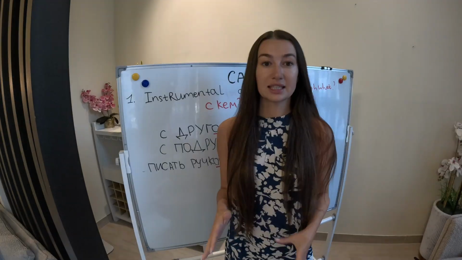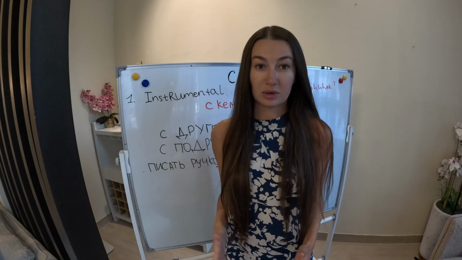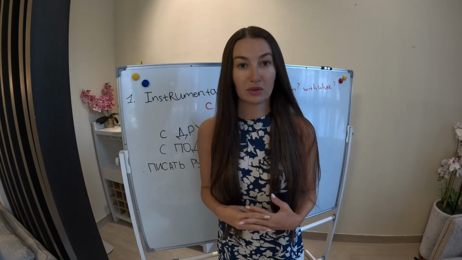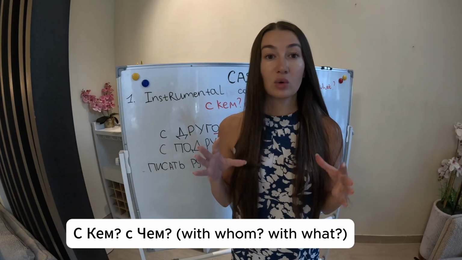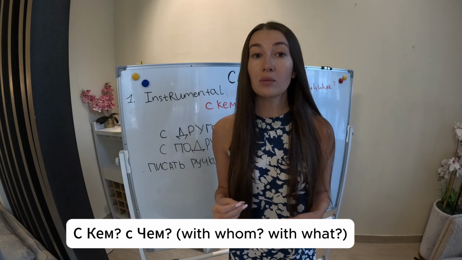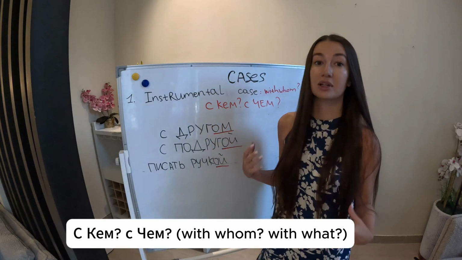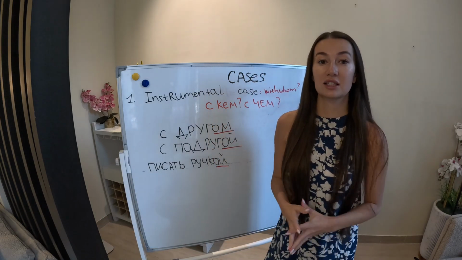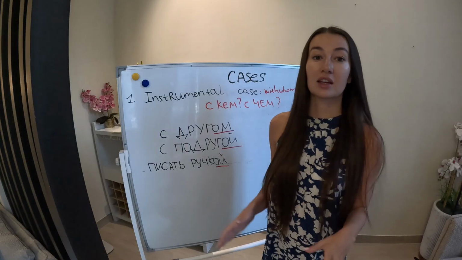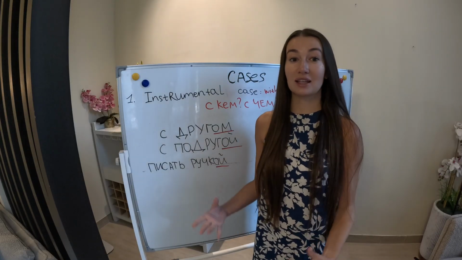This is dative case. The next case we're going to talk about is instrumental case, and what is the function of instrumental case? With something, by means of something. Question: with whom, with what? С кем, с чем. And what is the meaning? Let's talk about some examples here. First of all, of course, is companionship.